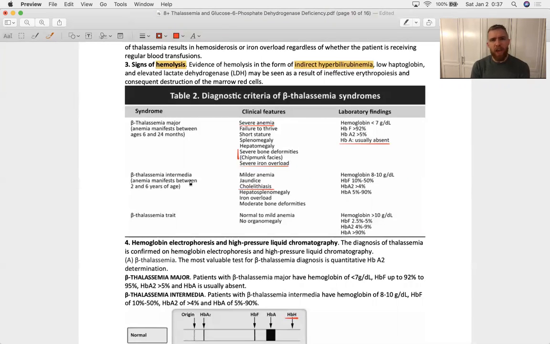Is that unconjugated or conjugated bilirubin? That's unconjugated bilirubin, right? So once your bilirubin hits, I don't know, like a 1.5 or 2 above normal, you're going to start seeing jaundice in the sclera of the eyes. And so jaundice is the classic sign of hemolysis.